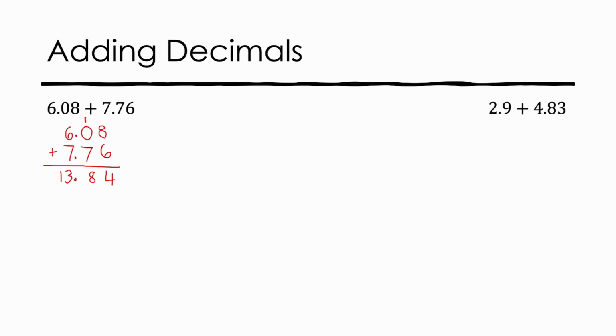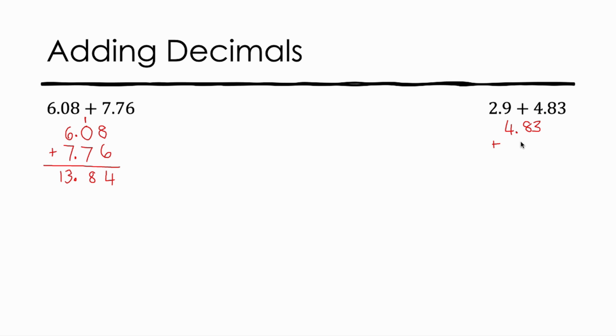Alright, I guess you're done. So now let's do this. 2.9 plus 4.83. We can see that this is different because they don't have the same amount of decimal places here. So let's just lay this out. And I prefer to put the number with more decimal places on top because it gives me the impression that the larger number is on top. So 4.83 plus 2.9.